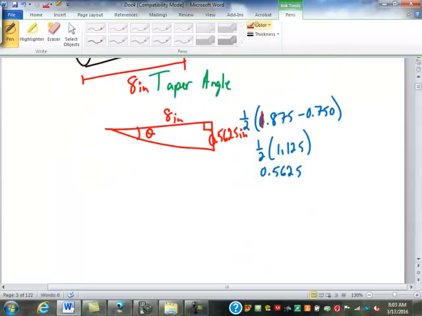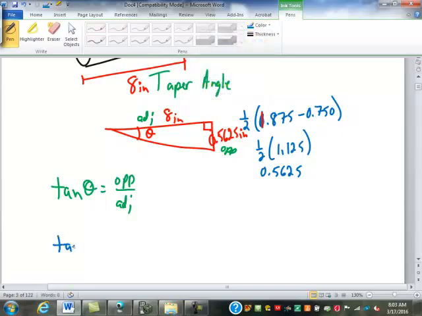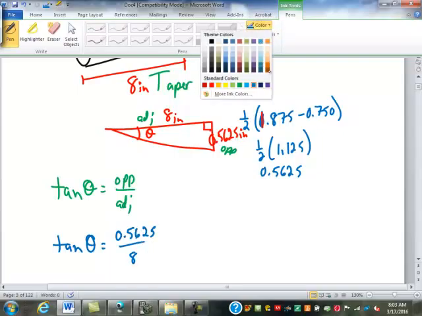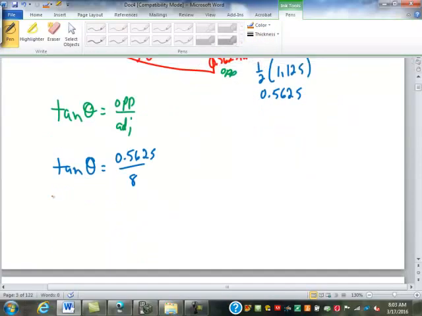So to find that angle, we have the opposite side and the adjacent side, which are cotangent or tangent. We're going to use tangent. Tangent is opposite over adjacent. In this case, we're looking for the angle, so we know the opposite is 0.5625. The adjacent is 8. When we're looking for an angle, we use inverse trig function.